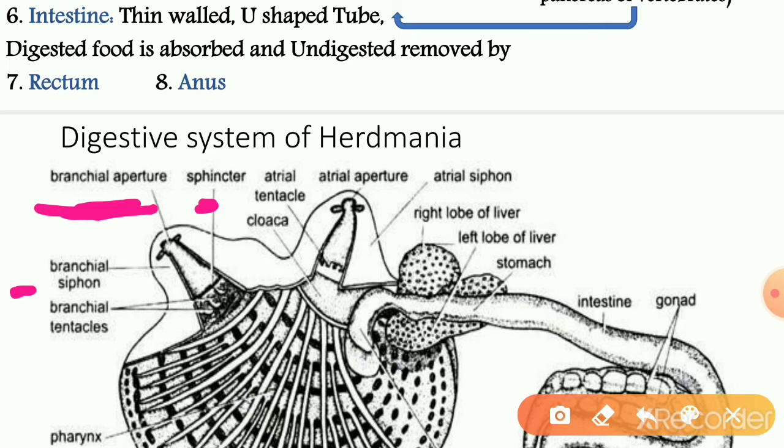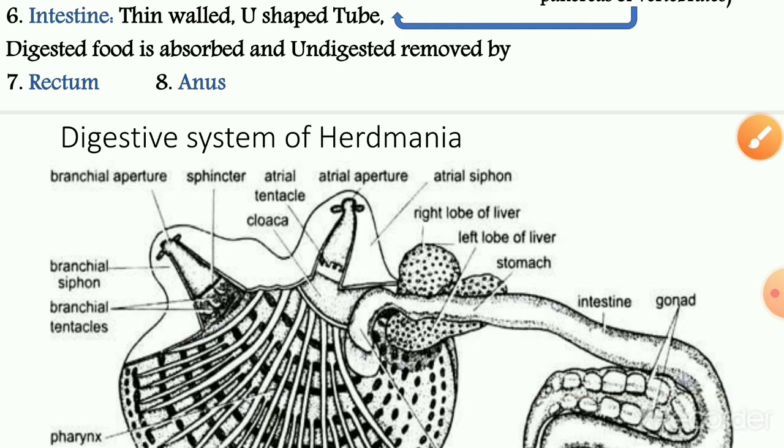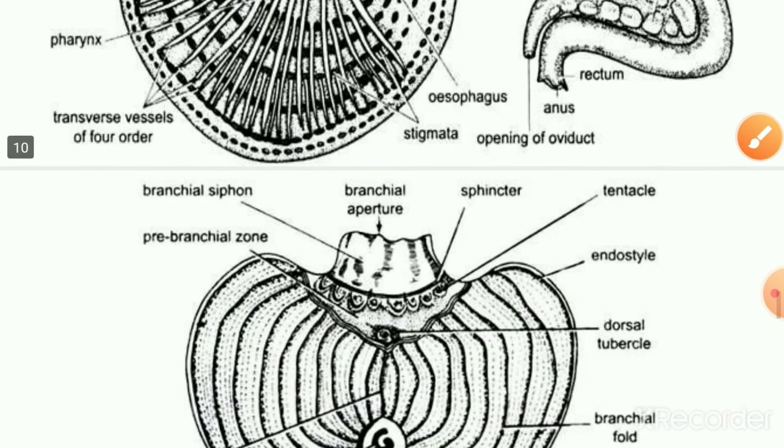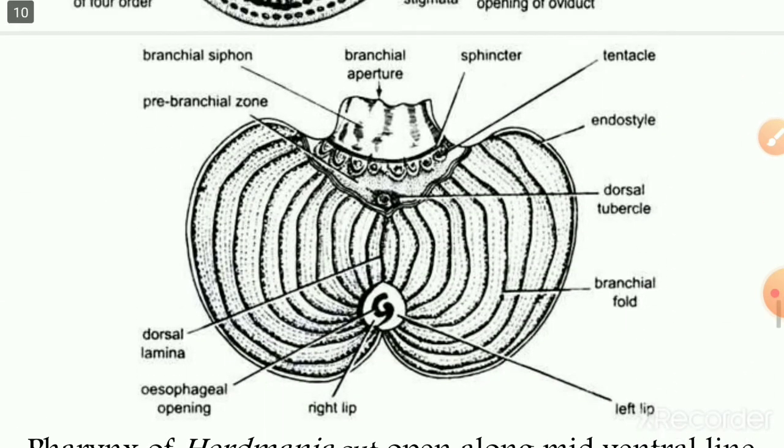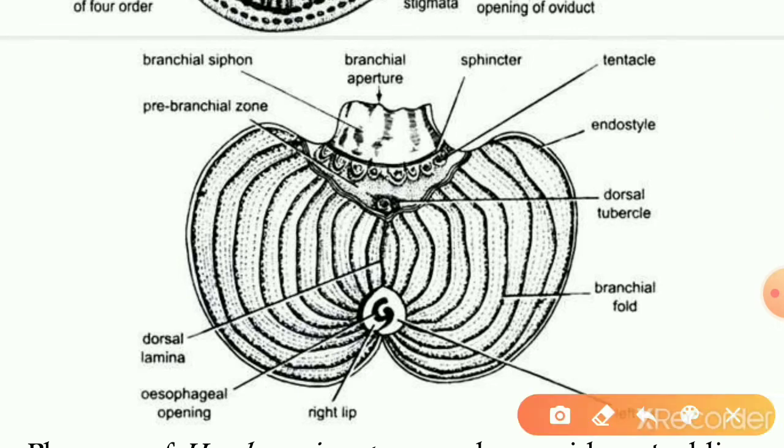Now this branchial aperture leads into the buccal cavity. This part is the buccal cavity. The detail of the buccal cavity we will see in this diagram. Here we can see the branchial aperture that is regulated by the sphincter muscles, which regulate the opening of this branchial siphon, and this leads into the buccal cavity.